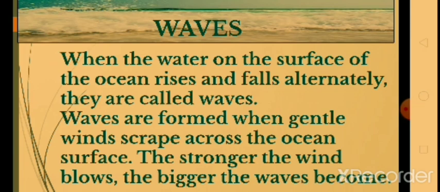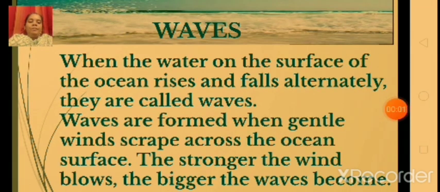These waves thus formed are very huge and travel in all directions from the focus of disturbance. Most of the tsunamis occur in the Pacific Ocean. Now, why does this happen? This is because there is an area in the basin of the Pacific Ocean where a large number of earthquakes and volcanic eruptions occur. So, just for your information, children, this area is also known as the Pacific Ring of Fire.